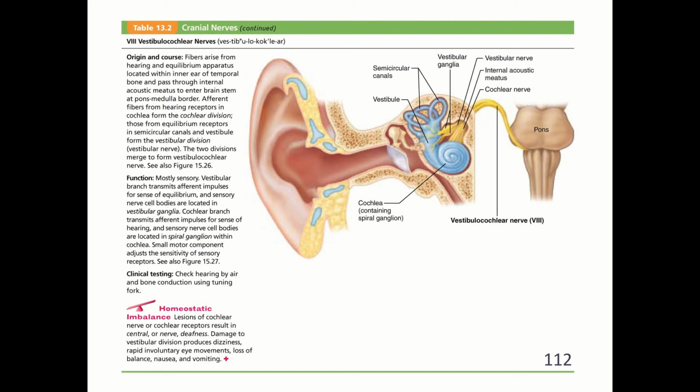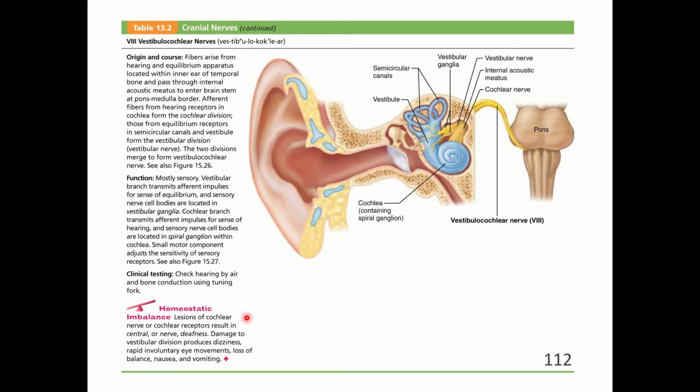Cranial nerve number 8 is the vestibulocochlear nerve, and the function is sensory. The vestibular branch transmits afferent impulses for the sense of equilibrium. The cochlear branch transmits afferent impulses for the sense of hearing.